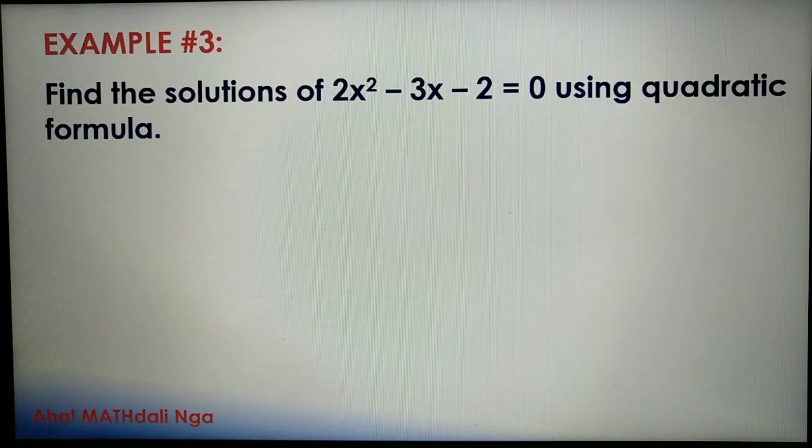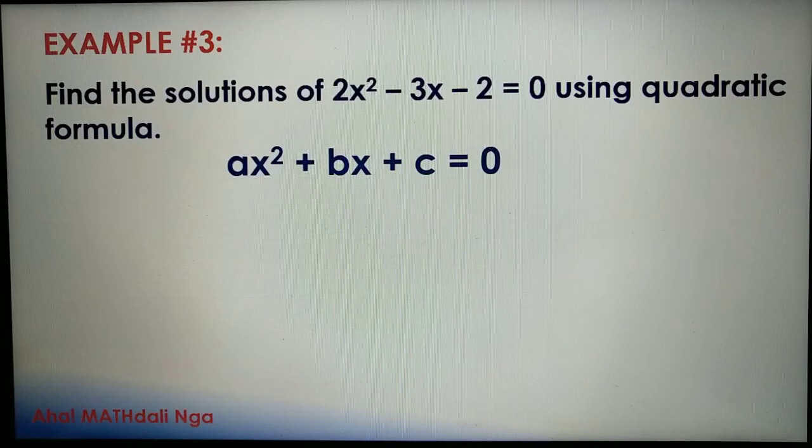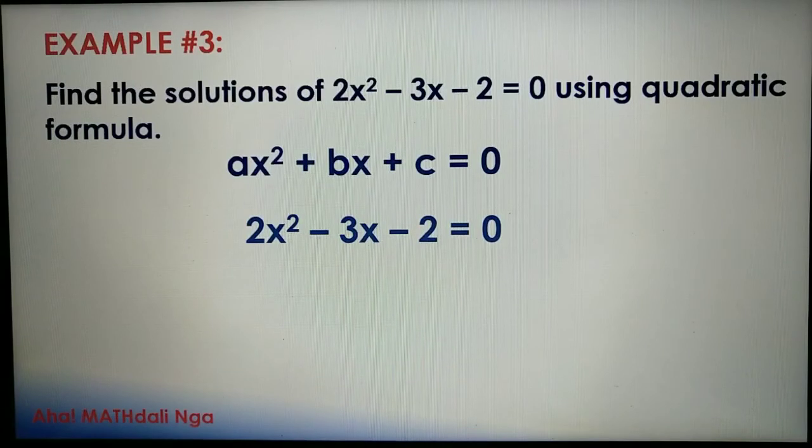The given quadratic equation is already written in standard form ax squared plus bx plus c equals 0. So we will identify the values of a, b, and c of this equation.